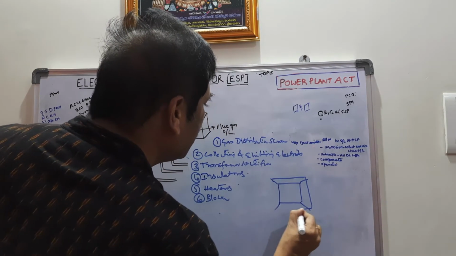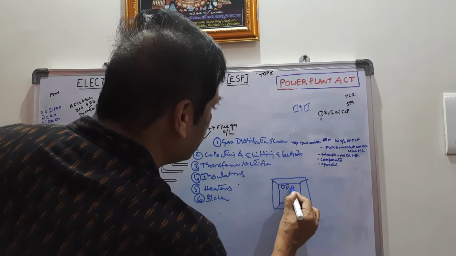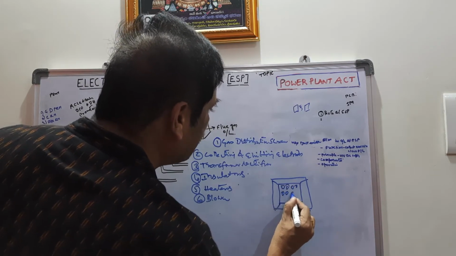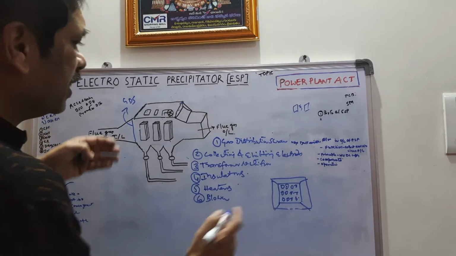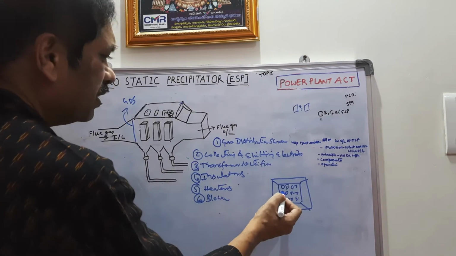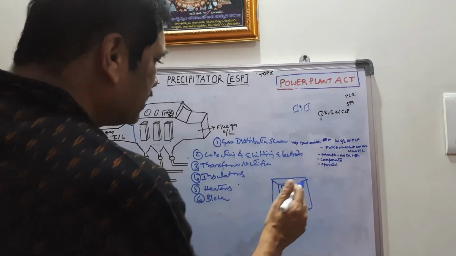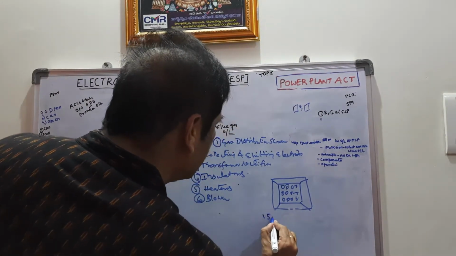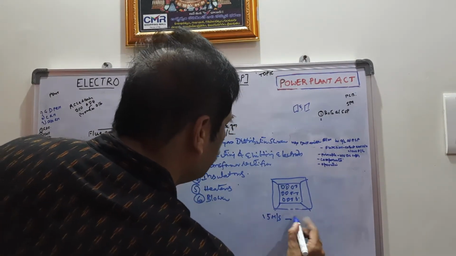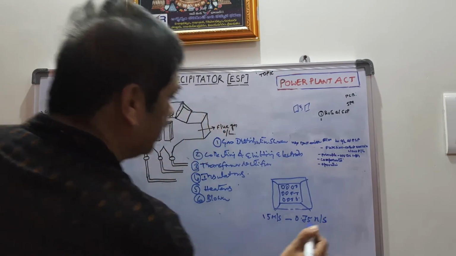It is a perforated plate with a number of holes provided inside the plate. When gas passes through the holes inside this screen, the velocity is reduced from 15 meters per second to 0.75 meters per second. Okay.